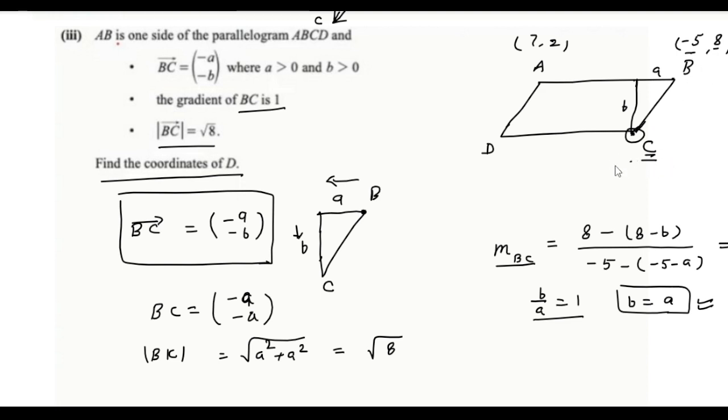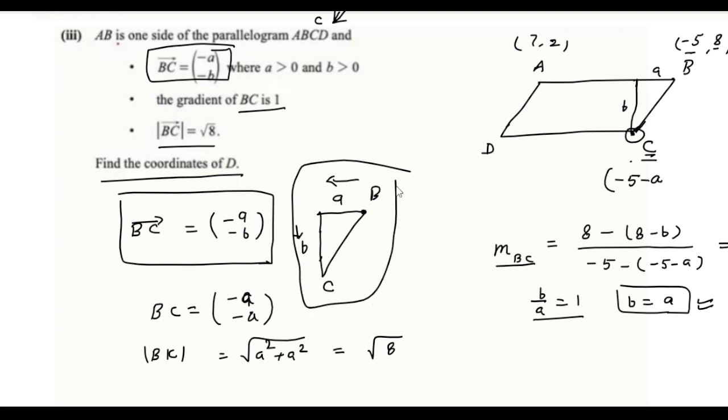Now for point C, from B you are moving 1 unit left, so for point C your x coordinate will be minus 5 minus A. Your vector BC here is given as minus B minus A. That means from B you have to go A unit left.